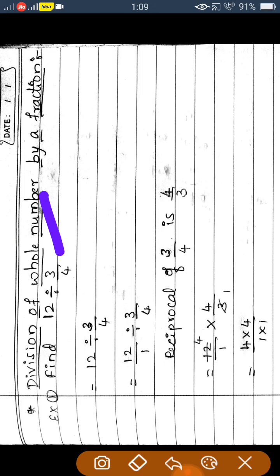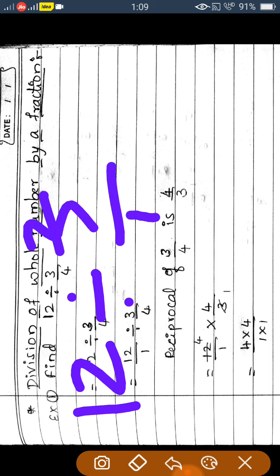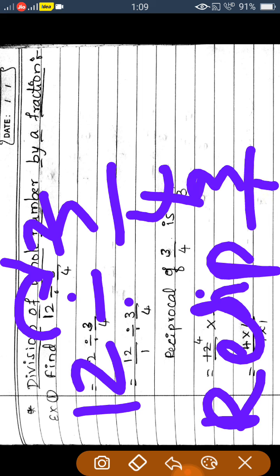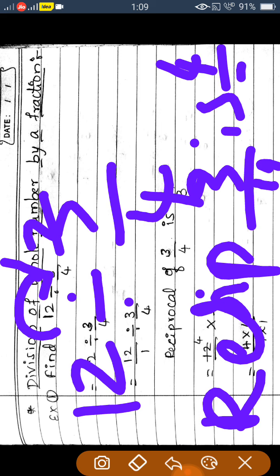So where is it? See the question, 12 divided by 3 by 4 is there. So which fraction is after the sign? 3 by 4. So 3 by 4's reciprocal we have to take. Reciprocal of 3 by 4 is 4 by 3. So that we have to write.